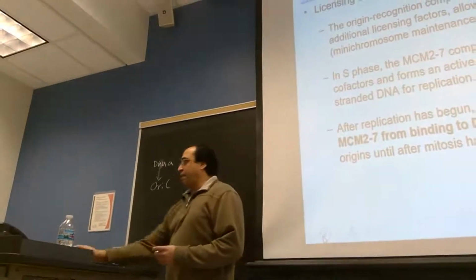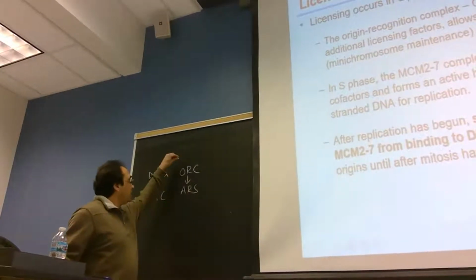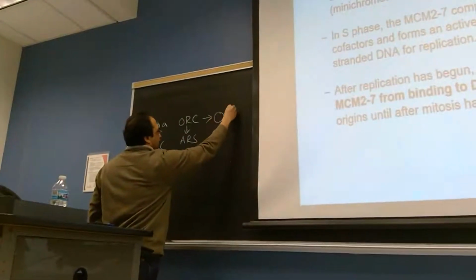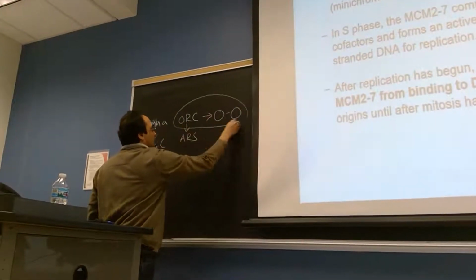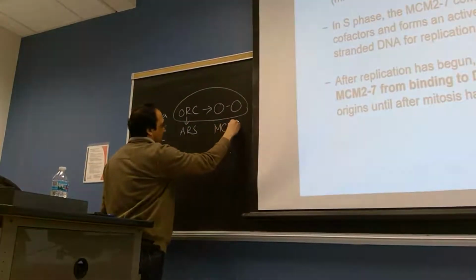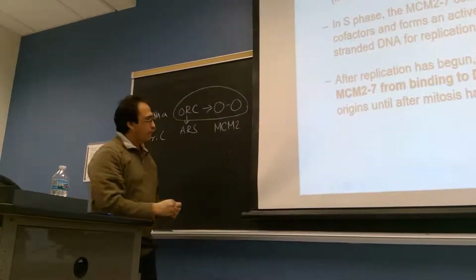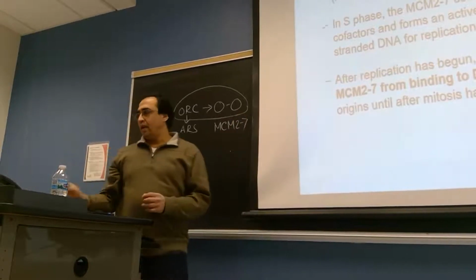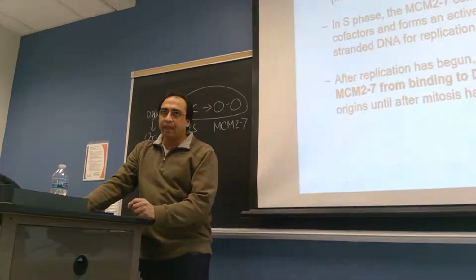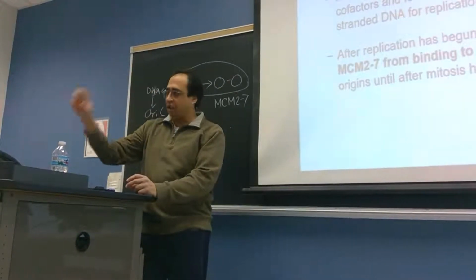The origin recognition complex is a protein, and with two other factors, these three as a whole are called the MCM2-7 complex. What is this MCM2-7 complex? It is the mini chromosome maintenance complex. That is actually the licensing factor for each and every origin site.